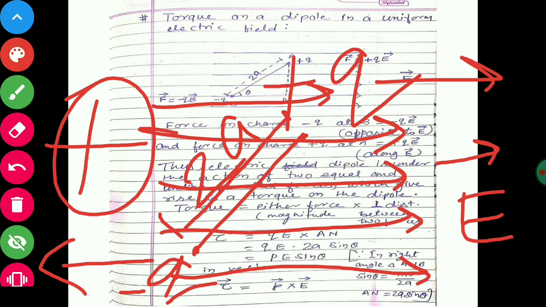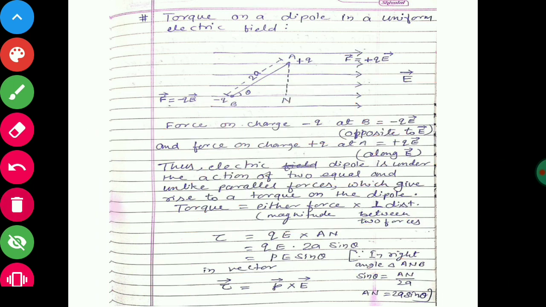So these two charges, positive and negative, are acted on by that electric field in two different directions. So I'll represent it as a general formula. Electric field is what?